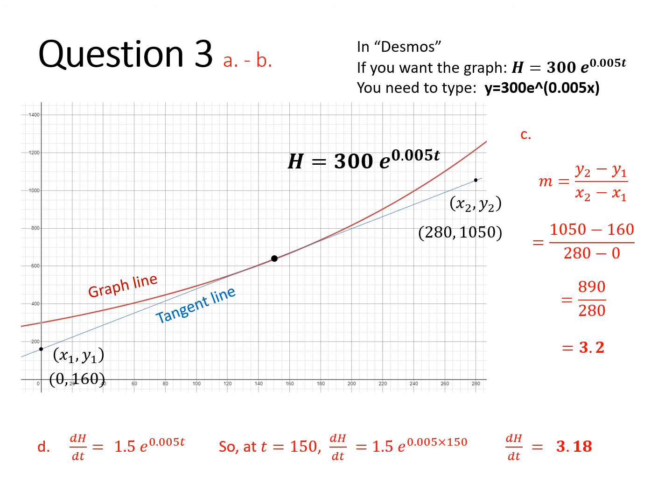They're not always as close as that, but this answer, this 3.18, is the exact answer. I have rounded it to 3 significant figures, but it is the correct answer. And obviously you can see the other answer was very, very close, partly because I drew a nice accurate tangent line. If your tangent line is not very accurate, you may find these numbers are more different. And that's it. That's my review of calculus.